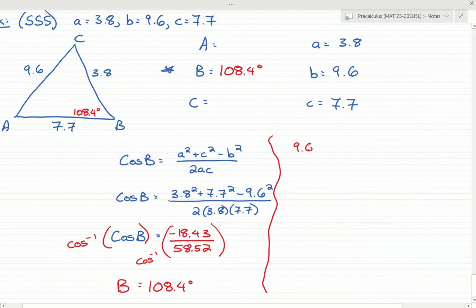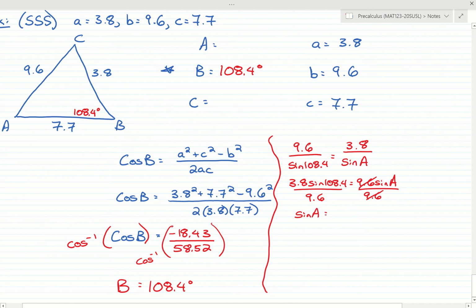We have 9.6 over the sine of 108.4, and we're going to set that equal to 3.8 over the sine of angle A. So 3.8 cross multiply times the sine of 108.4 is equal to 9.6 times the sine of A. We'll divide both sides by 9.6.